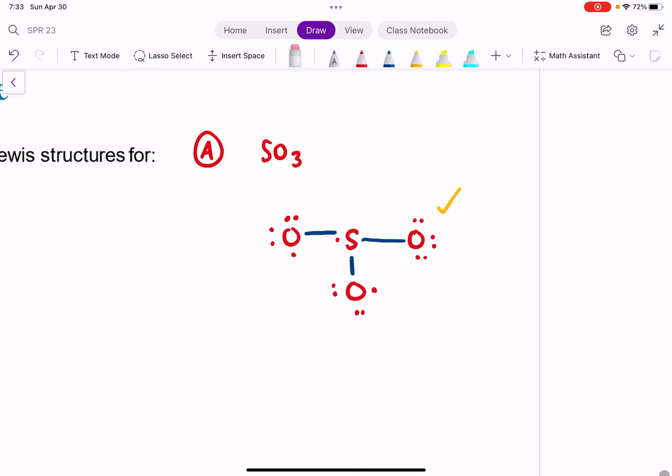I just rearranged those so that I had a lone pair. Now let's check these other oxygens. Just like before, these 2 oxygens are still not happy. They only each have 7. So what can we do? What if we make one of these a double bond?